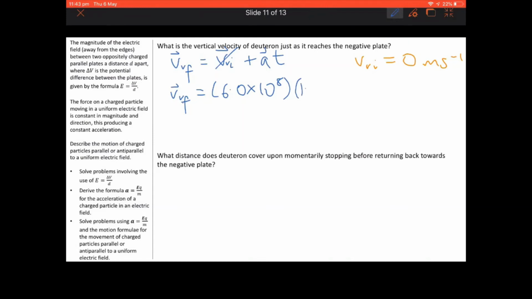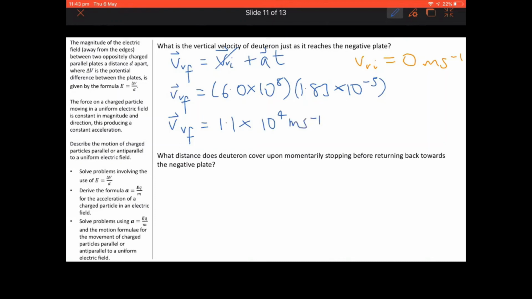So this will be 1.83 by 10 to the negative 5. And then this in your calculator will be 1.1 by 10 to the 4 meters per second.